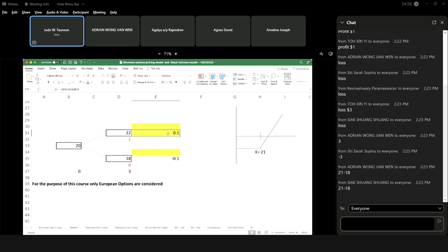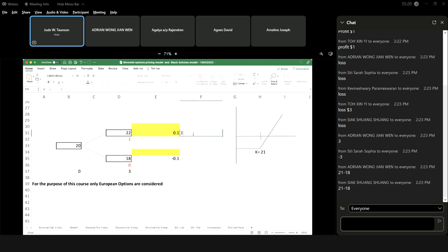It means the price has increased by 0.1%. The negative means the price has decreased by negative 0.1%.